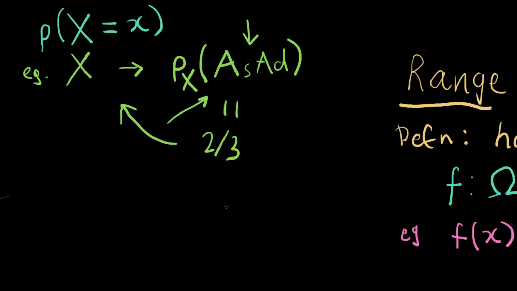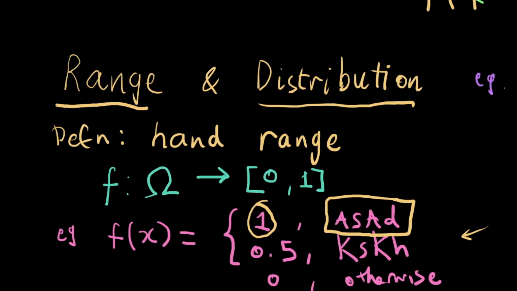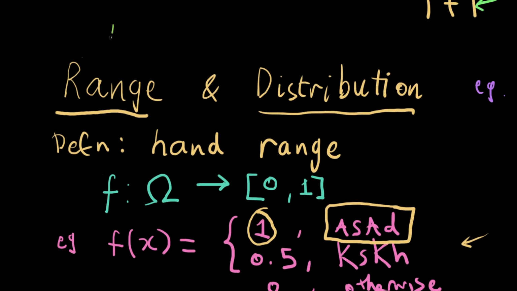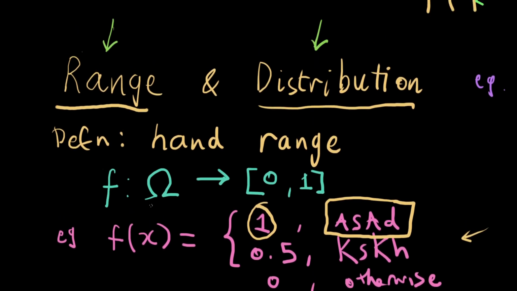Okay, so I think we'll leave this video there. There's quite a few things that we've gone through with the range and the distribution, so just a bit of a recap. The range is a function that maps the starting set of hands to the numbers 0, 1. So basically it tells us how many combinations we have of each particular possible starting hand.